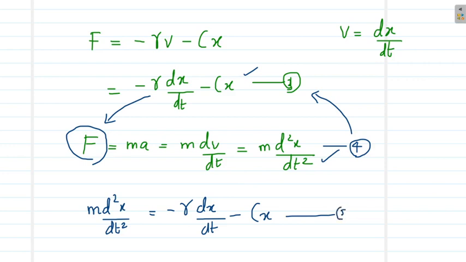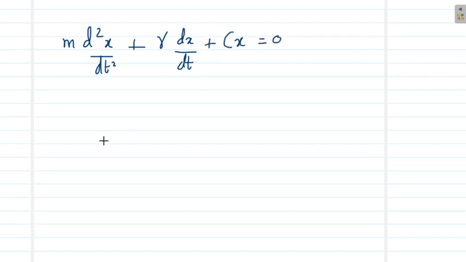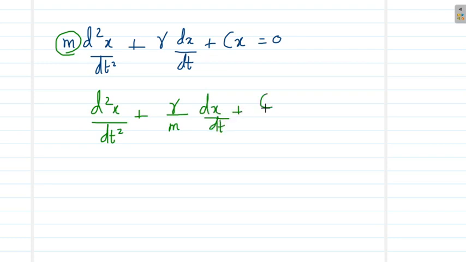Let me just modify this equation. m into d square x by dt square plus gamma into dx by dt plus Cx is equal to 0, or making the coefficient of the first term equal to 1 by dividing throughout by m, I will get d square x by dt square plus gamma by m dx by dt plus C by m into x equal to 0.